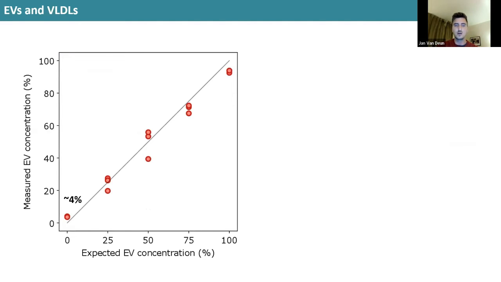And we could see that this correlates really well, and we have around a 4% error rate, at least when we have no EVs. Then we still measure 4% of the lipoproteins as being EVs. So this is something that you can't really avoid, but I think this is an acceptable error margin as opposed to conventional NTA, where the error margin is basically 100%.